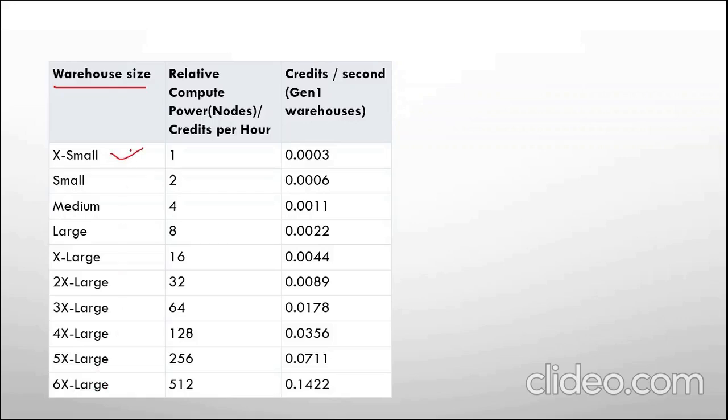So all these sizes are available from Snowflake, and as per our requirement, as per the data quantity we are dealing with and the complexity of queries we are dealing with, we opt for one of these sizes. At the same time, these sizes also depend upon the environments.